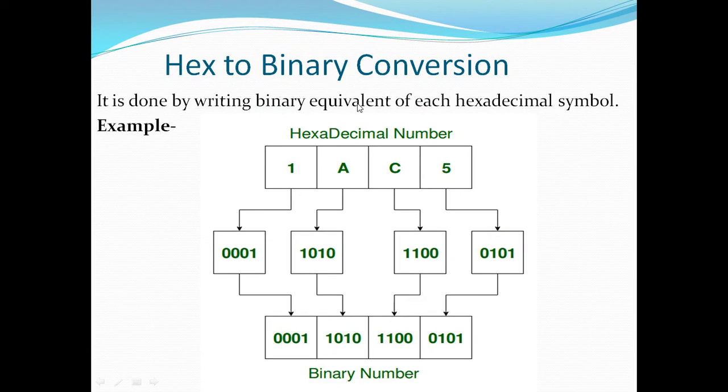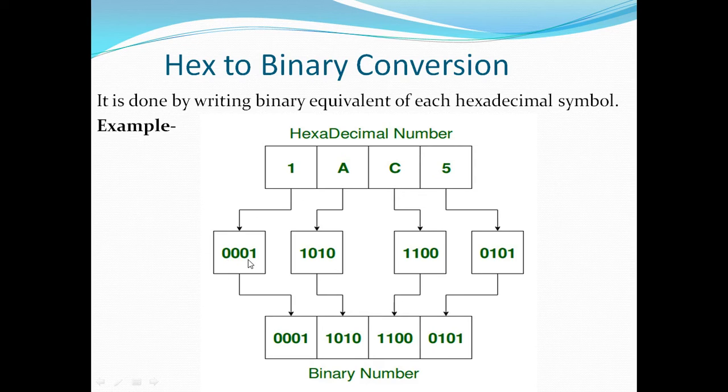Next is hexadecimal to binary conversion. This is very easy. Suppose we have a hexadecimal number 1AC5. Simply write the binary equivalent of each digit. 5 can be represented by 0101. C is 12, so 12's value is 1100. A is 10, its value is 1010.